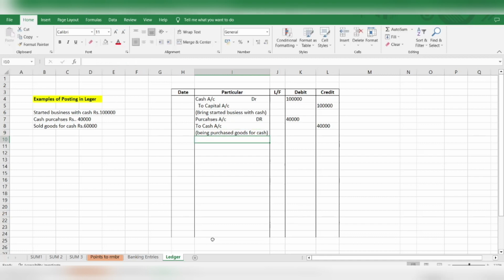Next entry, sold goods for cash. Cash account debit to sales account. Being sold for cash.